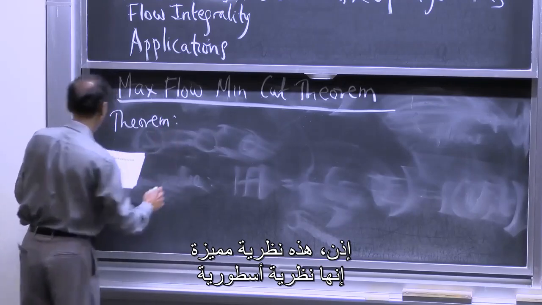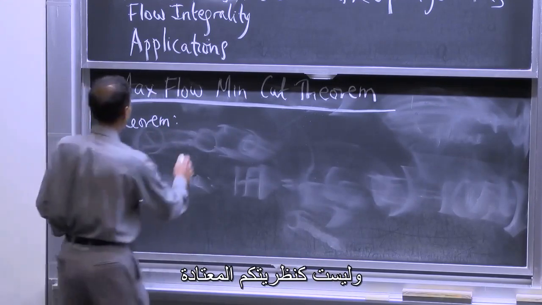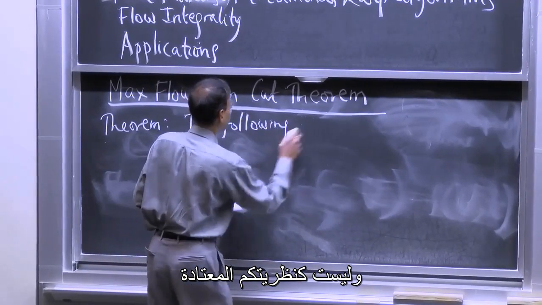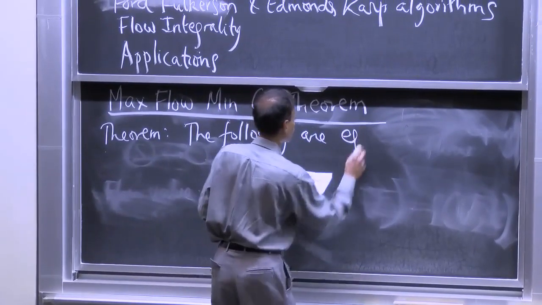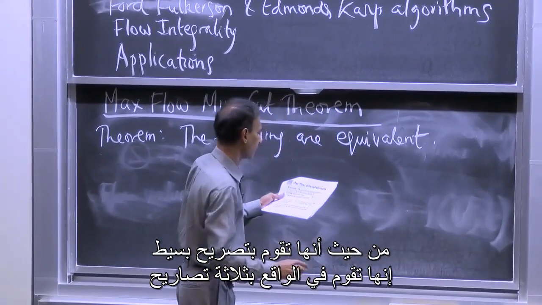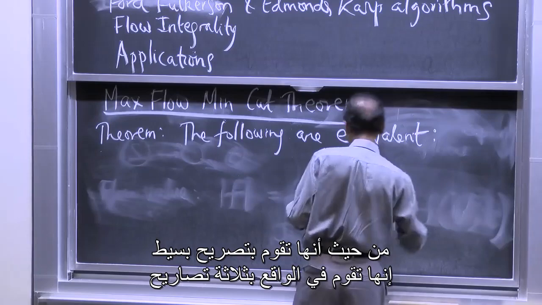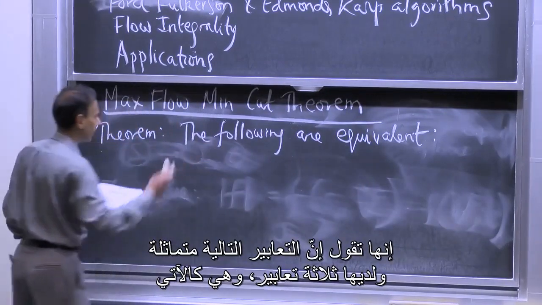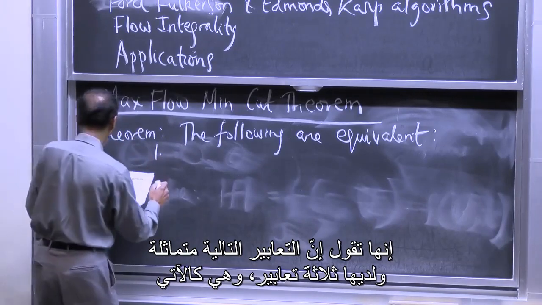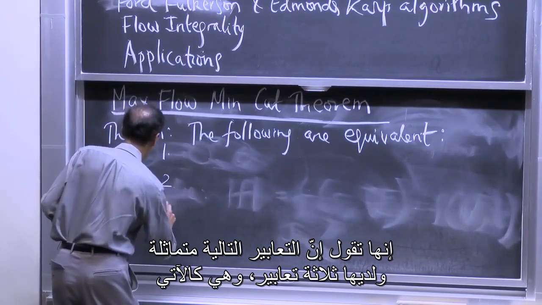I mean, it's a legendary theorem, and it's not your usual theorem in the sense that it makes a simple statement. It actually makes three statements. It says the following are equivalent, and it's got three things, which are the following.